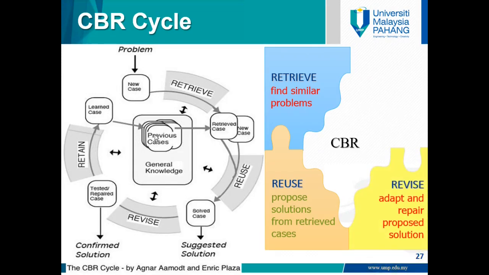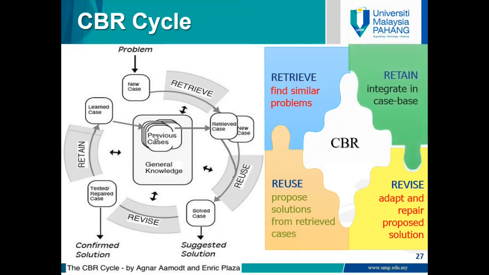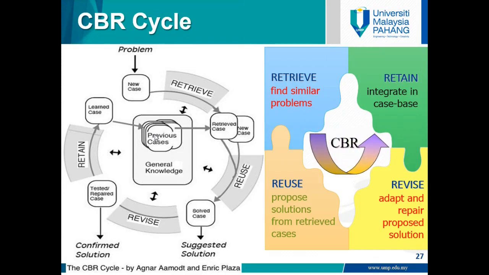The third stage is revise, where we adapt or repair the proposed solution, and the outcome of the revise phase is a confirmed solution. In the fourth stage, retain, the new problem with its confirmed solution is stored in the case base, and this is the description of a CBR cycle.